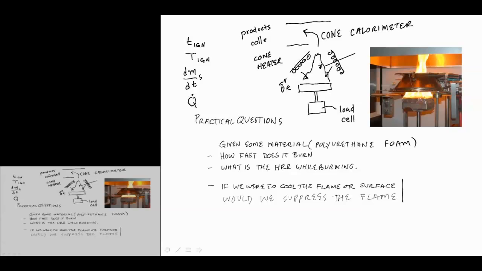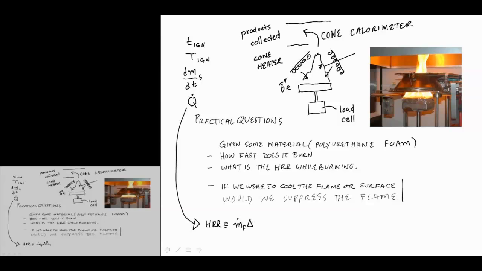Now, I think we've mentioned this, but I'm just going to go through a couple of issues about this. You would think that the easy way to get the heat release rate is to figure out this dm/dt, so the m dot of fuel that's produced, and multiply by the heat of combustion for the material.